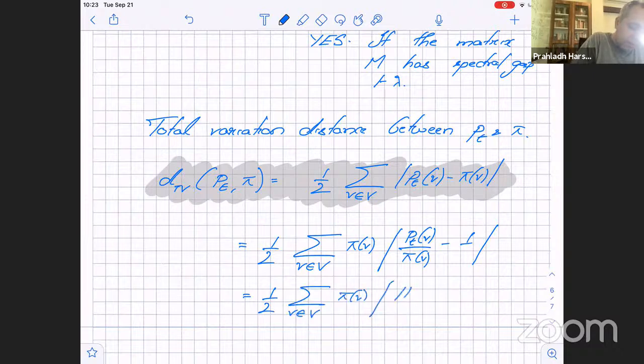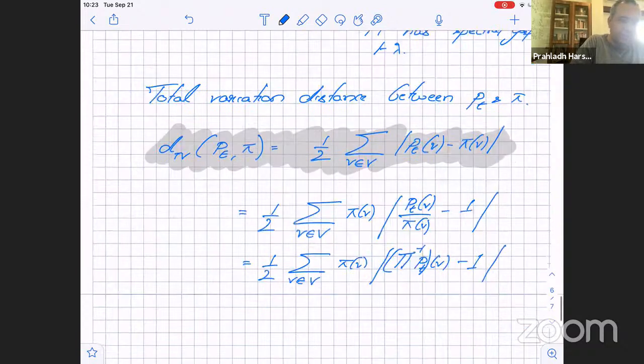If I look at pi inverse, pi is a diagonal matrix which has pi on its diagonal entries. So this is pi inverse Pt of v, minus 1.